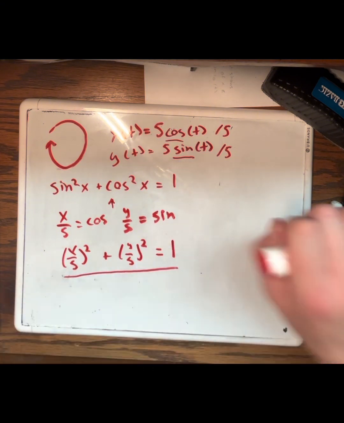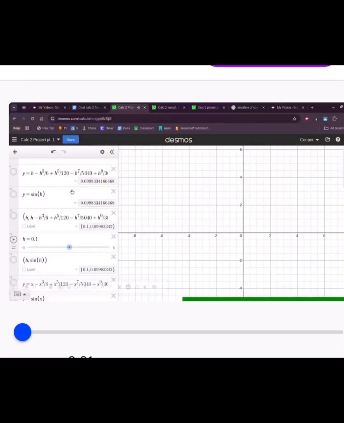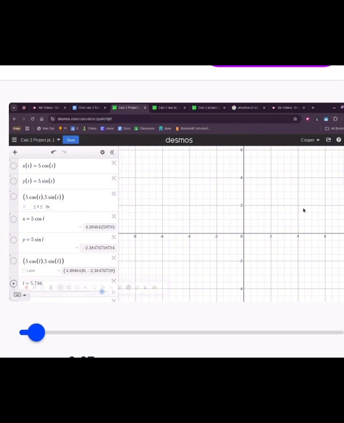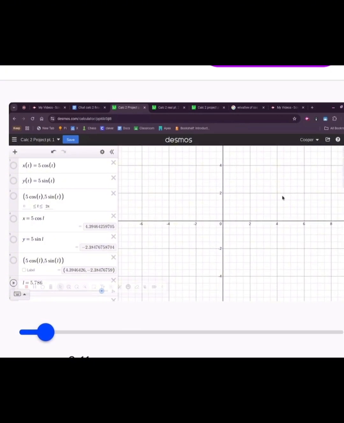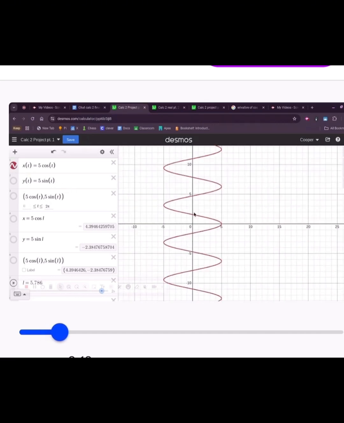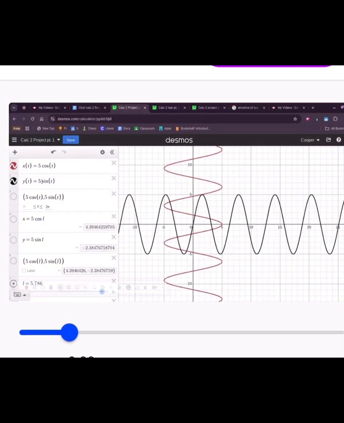And I have it graphed on Desmos, so let's go. Pretty sure it's recording. I don't have many free attempts on this platform. As I was talking about, let's demonstrate something as it moves in a circle in relation to time. Here's the relation between the x-coordinate and time. Here's the relationship between the y-coordinate and time.